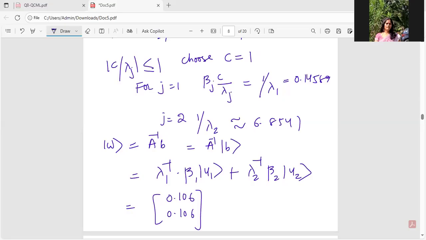So what do you observe? Just see here, guys. If I take 0.106, it is nothing but my 1, 1. What is this 1, 1?